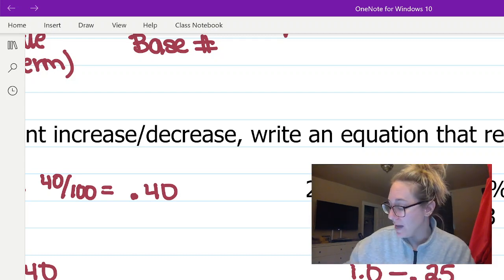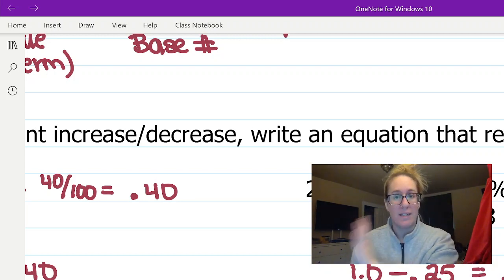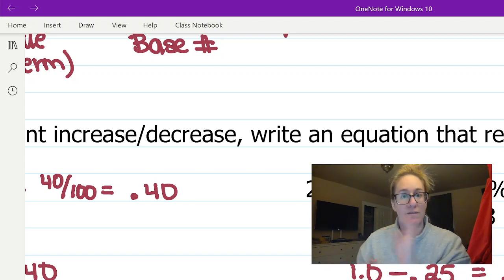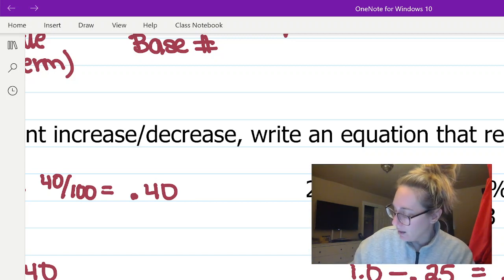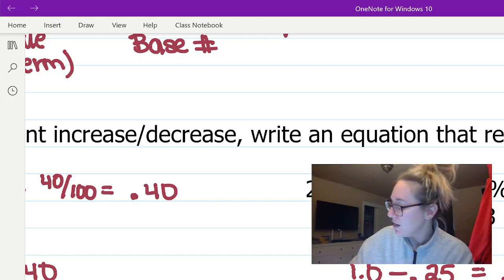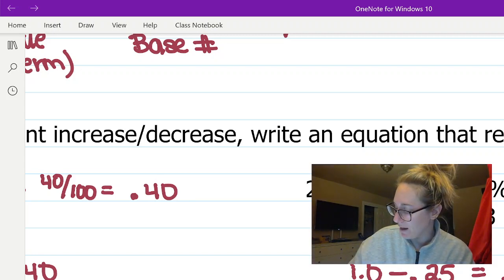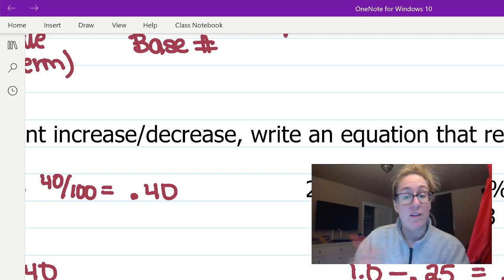That gives us 0.75 as our base number, what we're multiplying by to get each of our sequential terms, if you want to parallel it to sequences. Then our equation would be y equals, our starting value is 3, so we have 3 out front, then 0.75 as our base, raised to the power of x.